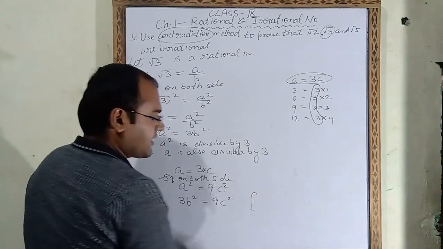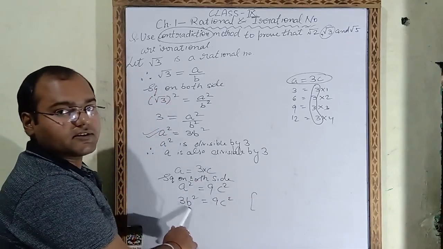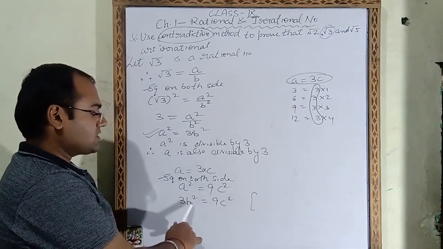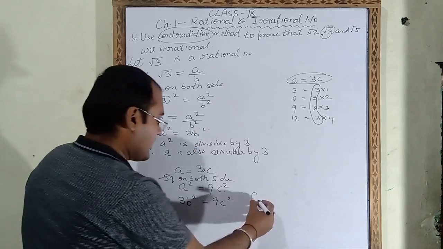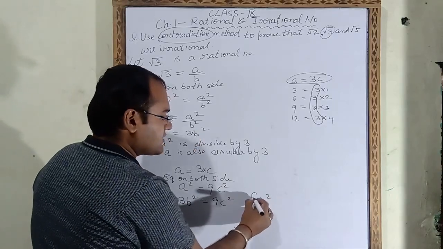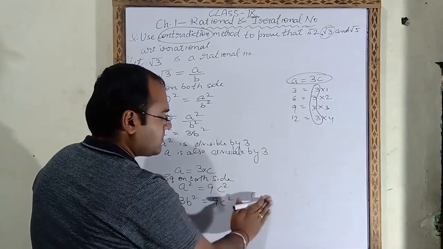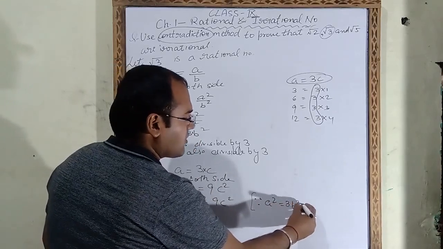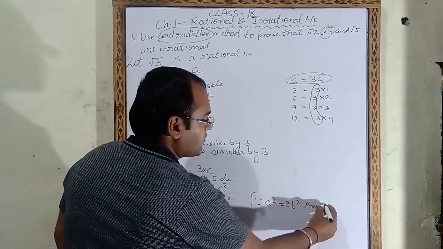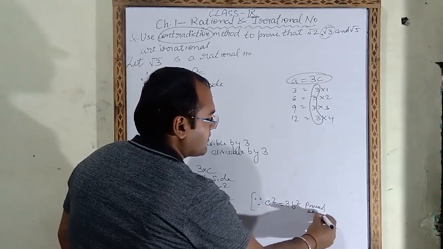And here in brackets you have to mention why we have taken 3b square: since a square is equal to 3b square, we had proved above.